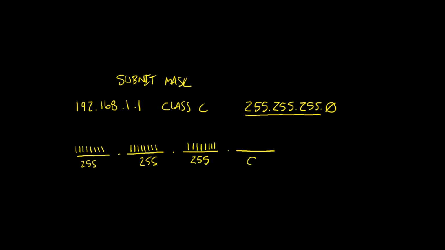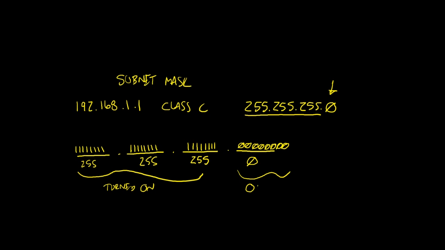And my last one is 0, which of course makes all of these bits 0. So what you end up with is these three octets are all turned on. So these are all turned on with ones. And this octet, this last one here, is turned off.